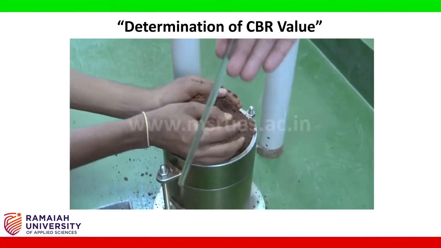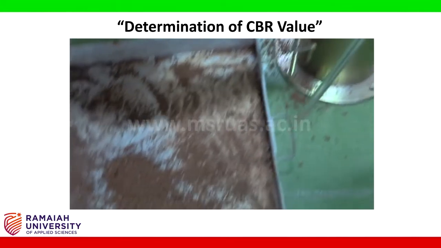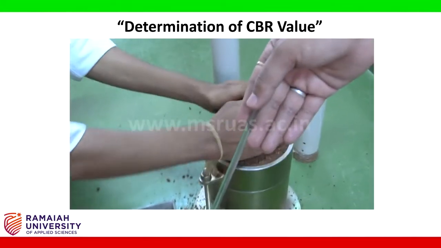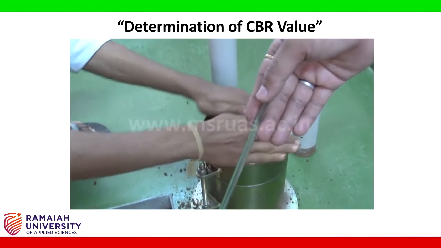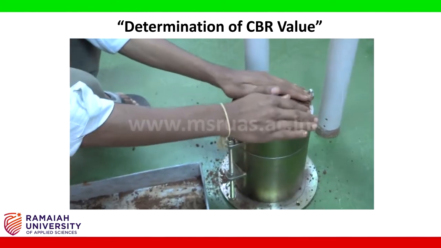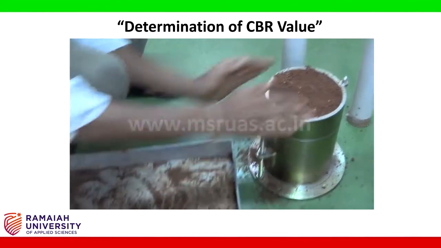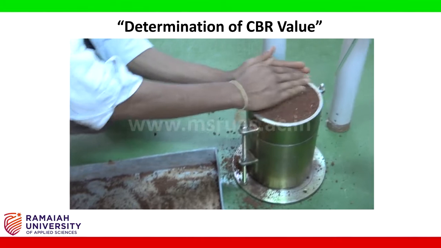It is not necessarily required to transfer all the material that we have here, as we have taken excess soil to accommodate the wastage because of spillage that might take place during the compaction process. Remove the extra material and start compacting the third layer.